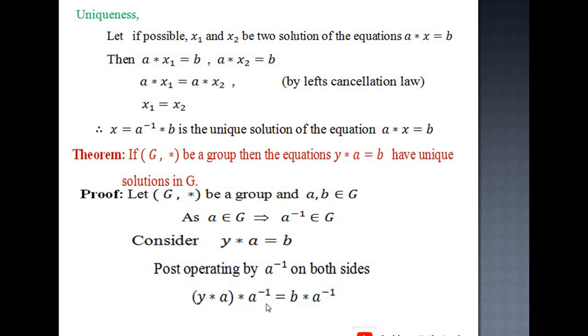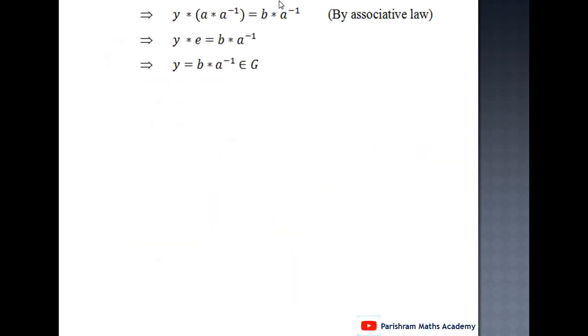Then in the left-hand side we can apply the associative law, and therefore by associative law the left-hand side can be expressed as Y star (A star A inverse) equal to the right-hand side B star A inverse. But the value of A star A inverse is the identity element, and therefore Y star E equal to B star A inverse. It means Y equal to B star A inverse, which belongs to G.